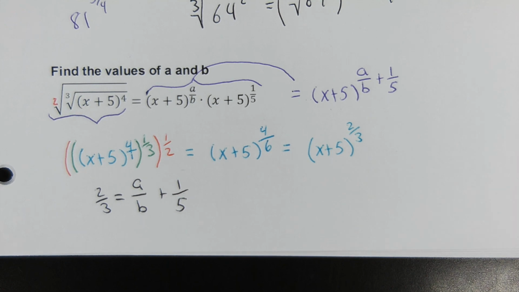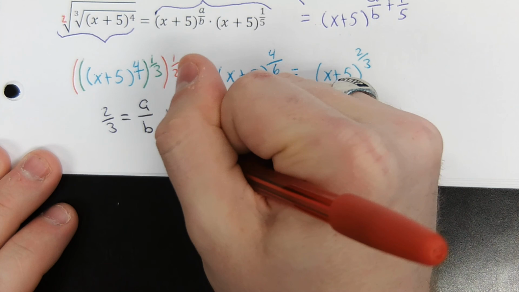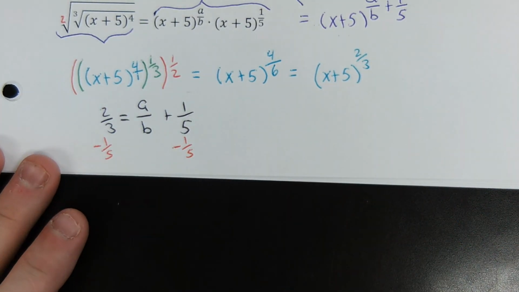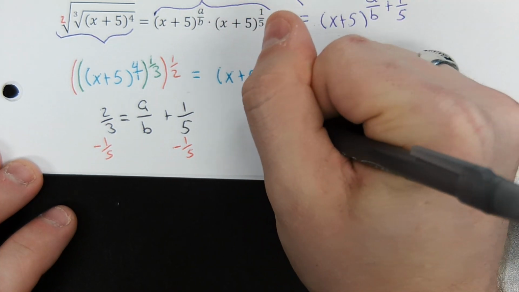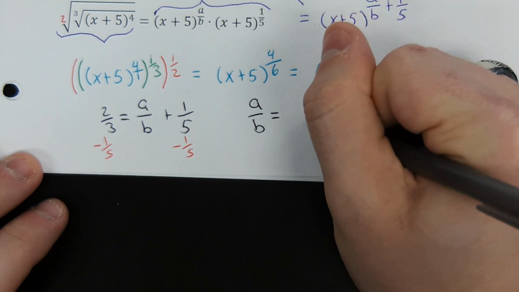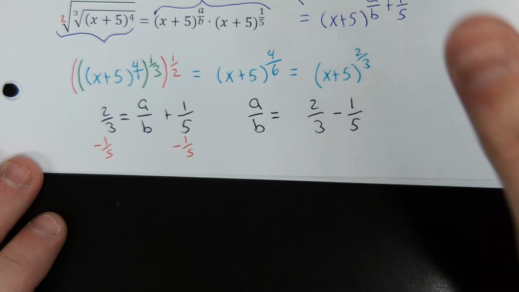So if you wanted to get a over b by itself, all you do is subtract 1/5 from both sides. I'm running low on space here. This gives me that a over b is 2 over 3 minus 1 over 5.